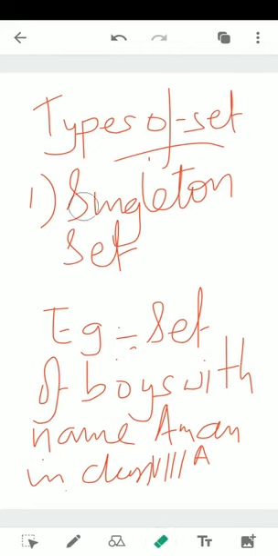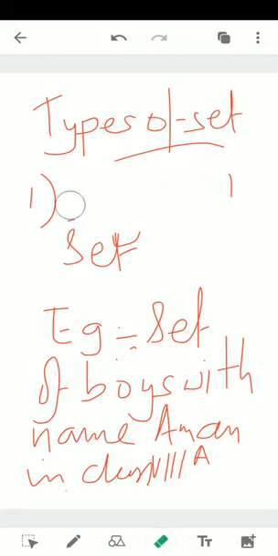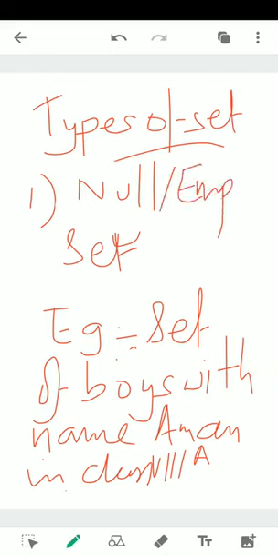So let us go to the fourth type of set. That set is called null set, or it's also defined as empty set. As you would have guessed by now, empty set will have no element. So the set which has no element in it is called the empty or the null set. Let me give one example.